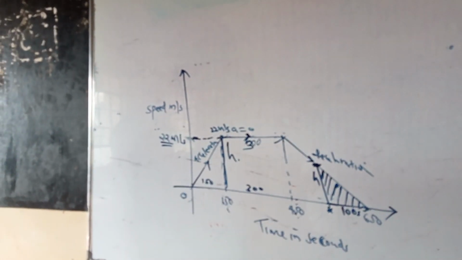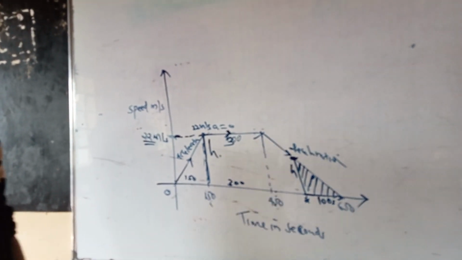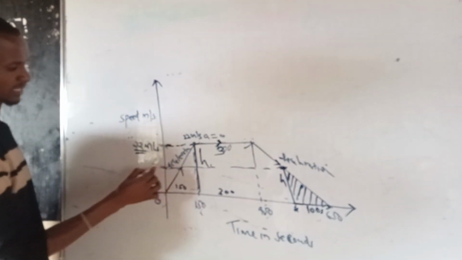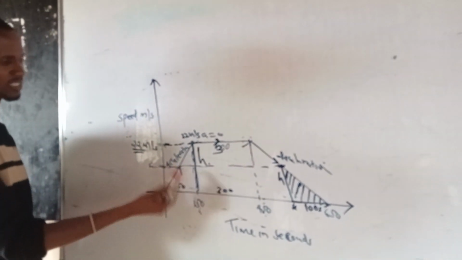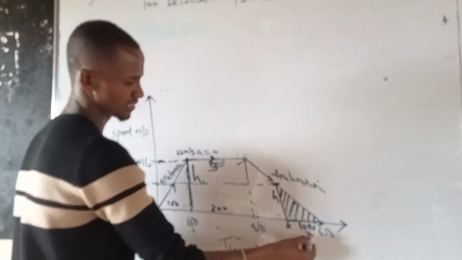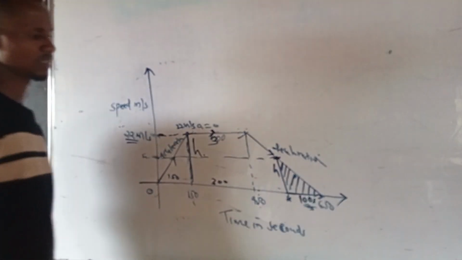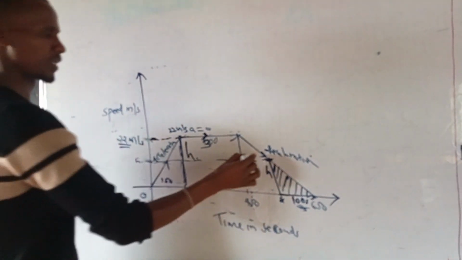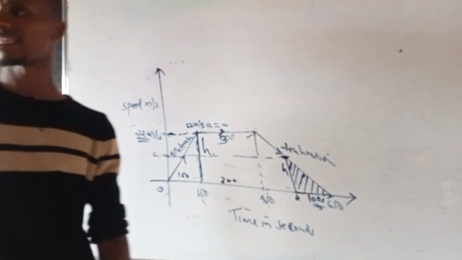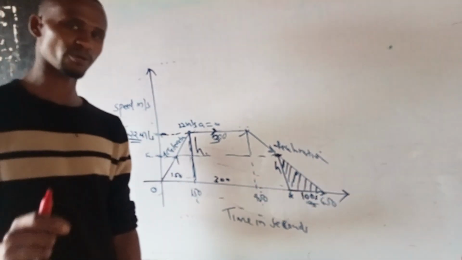So how can we get the area of this triangle? We do not know the height or the velocity here, and the only thing that we know is the time. But because this is a straight line, the gradient on a straight line is uniform.